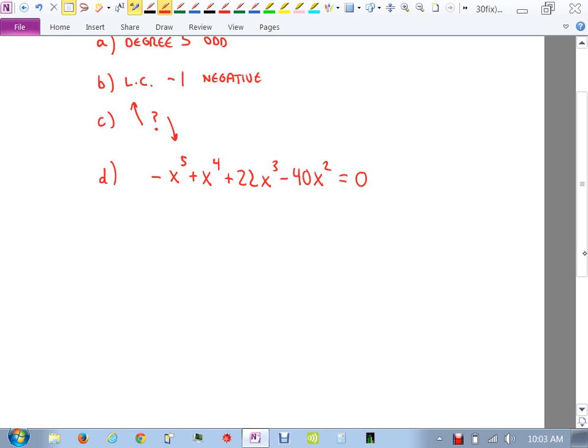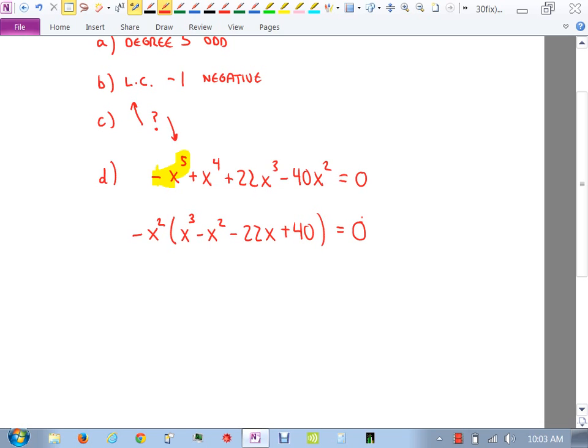X squared will come out, but even better than that, negative x squared, because you always want to leave that first term positive when you factor out. So pull a negative x squared out. What that does is it turns it into a positive x cubed, a negative x squared, a negative 22x, and a positive 40.